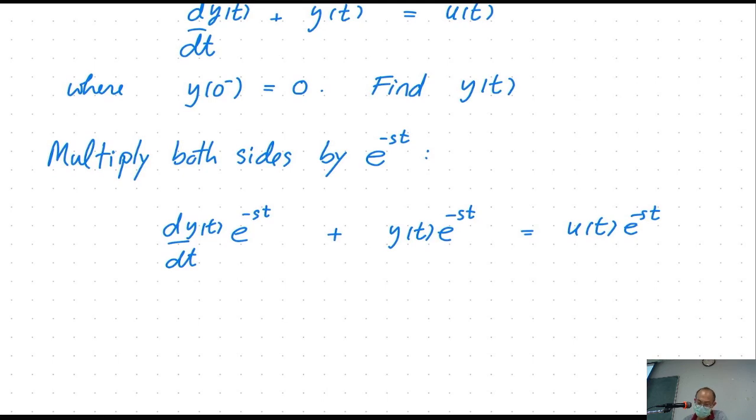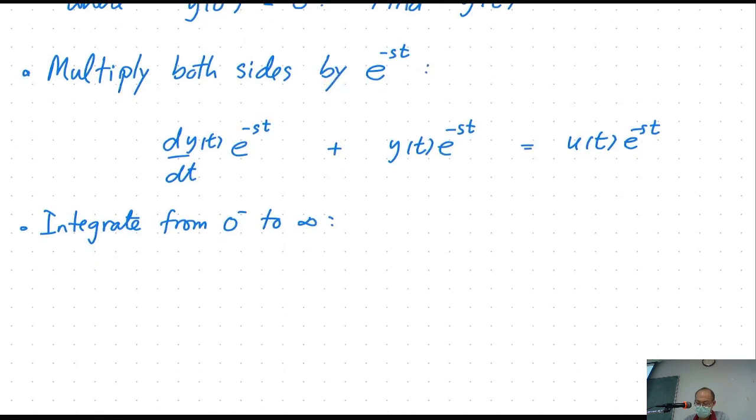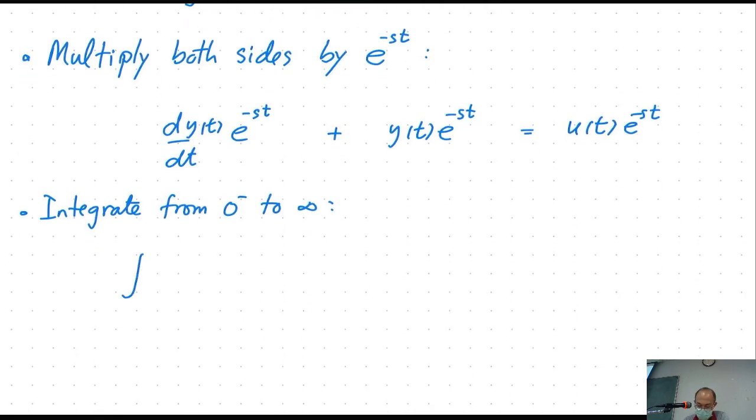And then we integrate from 0 negative to infinity. When we do that, we're going to have the integral from 0 negative to infinity of dy by dt e to the negative st dt.